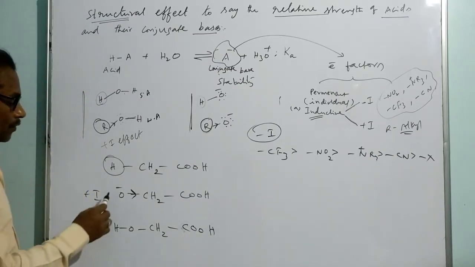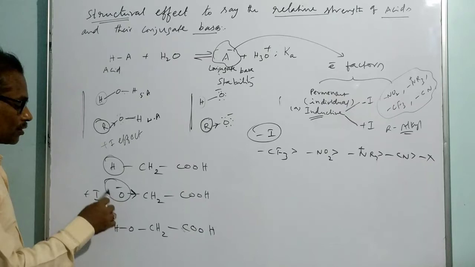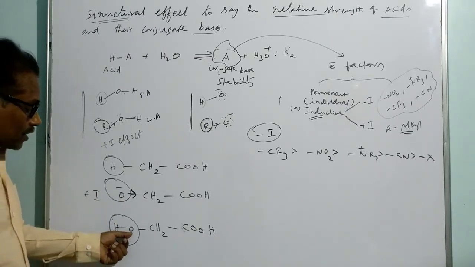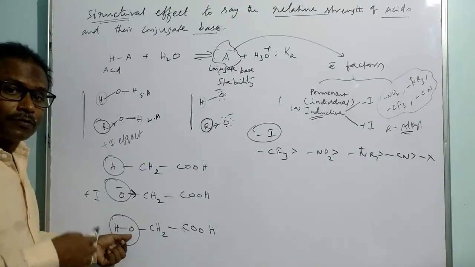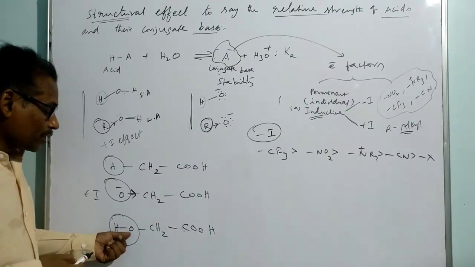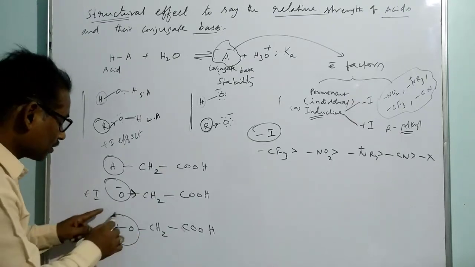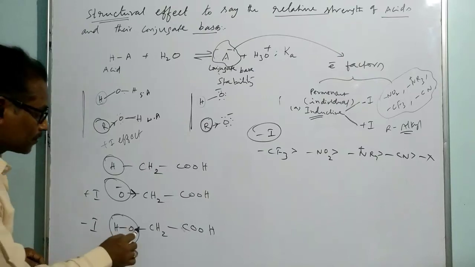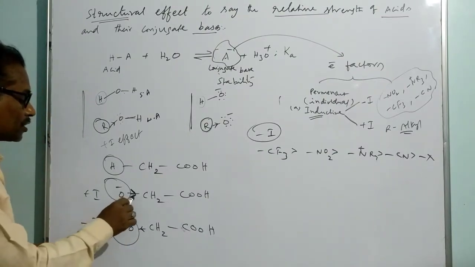Now we have groups like the negatively charged group, and groups like the OH group. This OH group is considered a minus I group because it is not a negatively charged species; it is an oxygen, which is more electronegative than carbon. So the function of OH here is a minus I group, whose function is withdrawing. The other one's function is pumping.